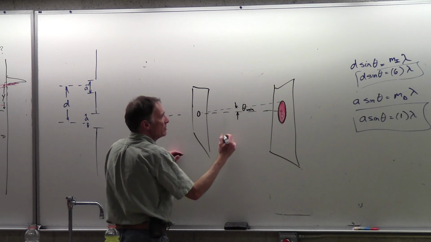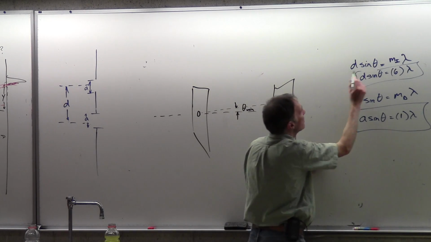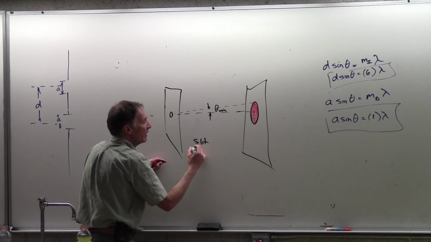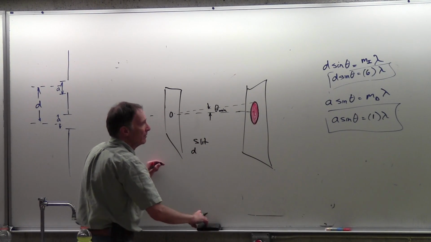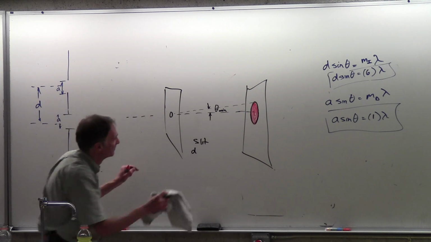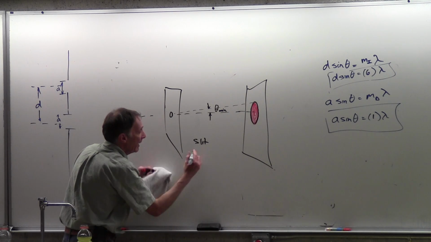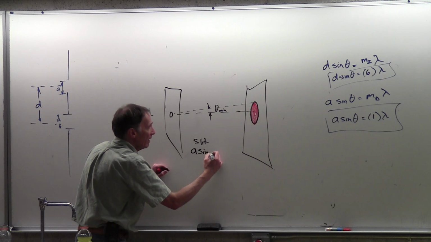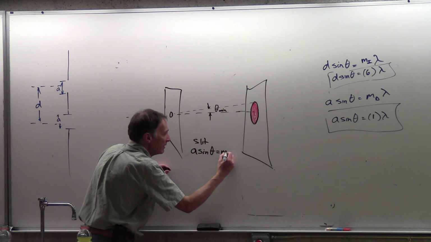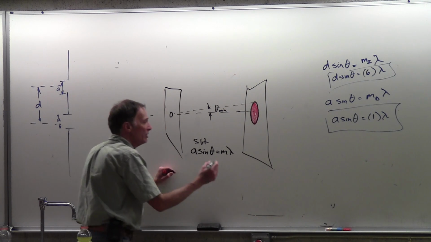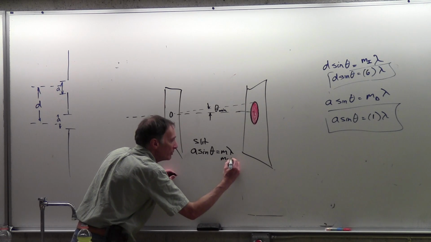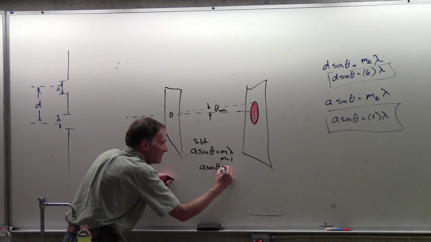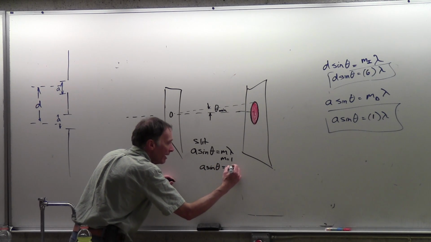Normally I'd say I'm going to use a sine theta for a slit, where A is the width of the slit, times the sine of theta, is equal to m lambda. We're going to do m equal to 1, so we'd write this as A sine theta equals 1 times lambda.